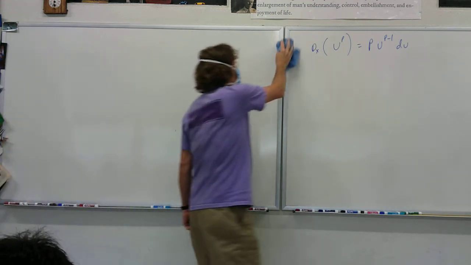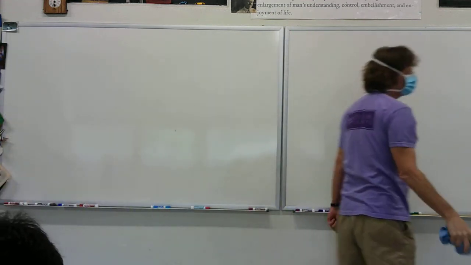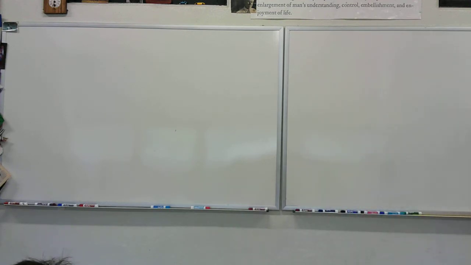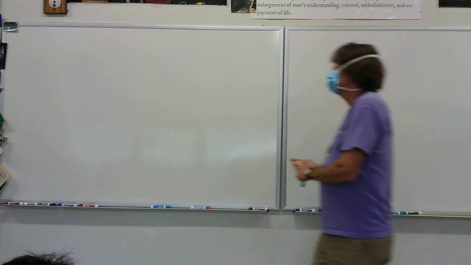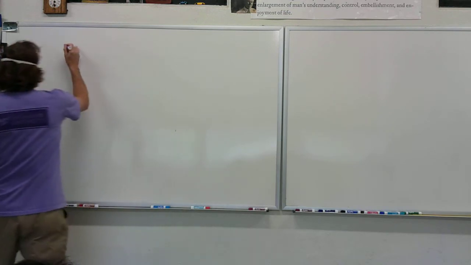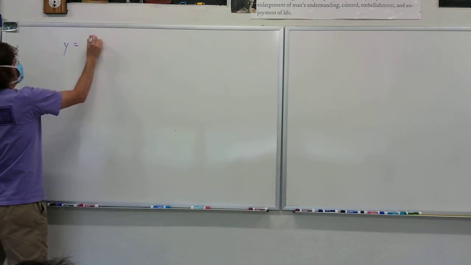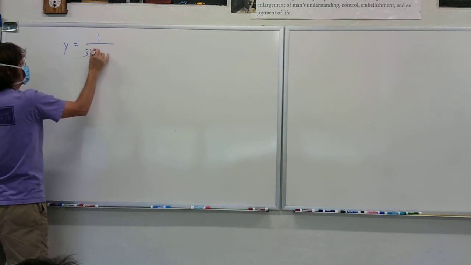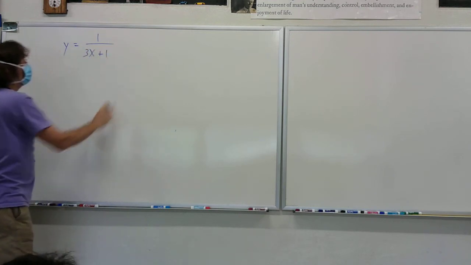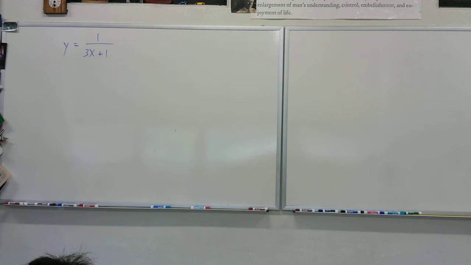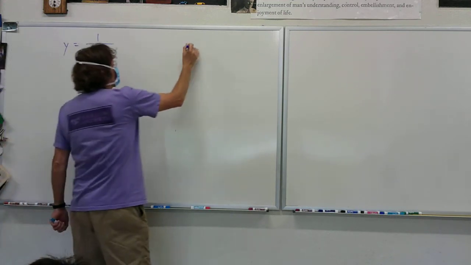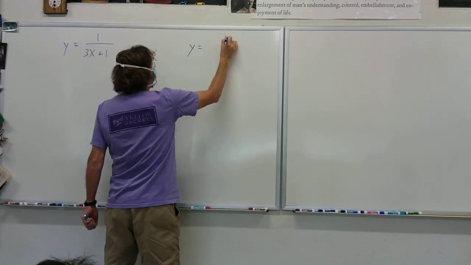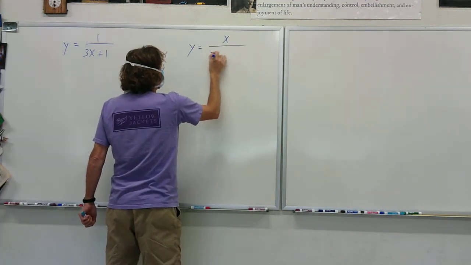Here we go. I have y equals 1 over 3x plus 1. And then we're going to talk about what would you do if y equals x over 3x plus 1.